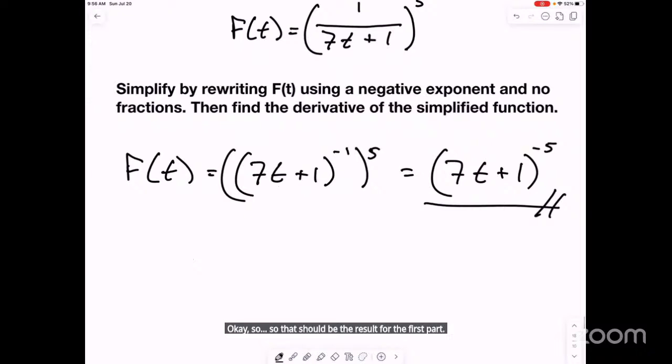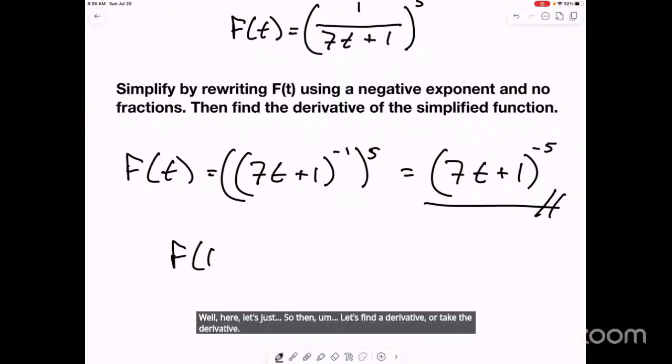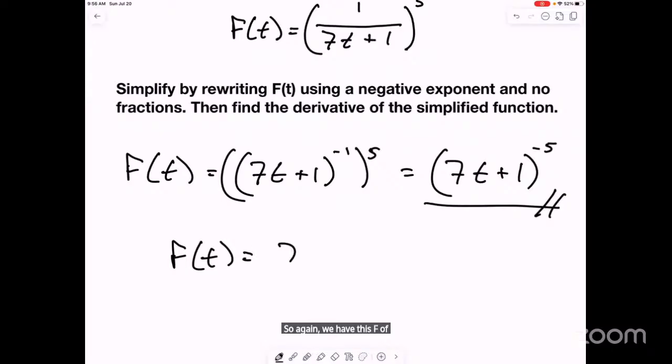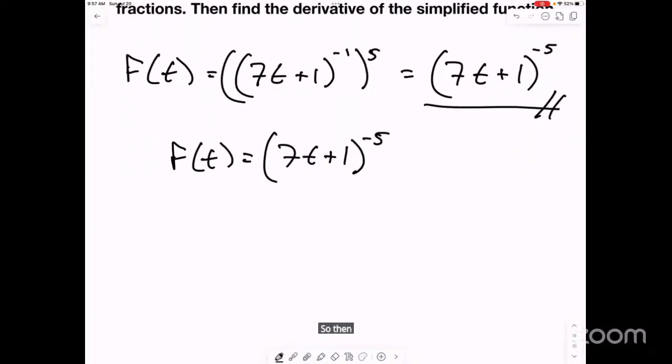Let's take the derivative. So again, we have this f of t, 7t plus 1 to the power of negative 5. So when we go to take the derivative, the negative 5 comes down.